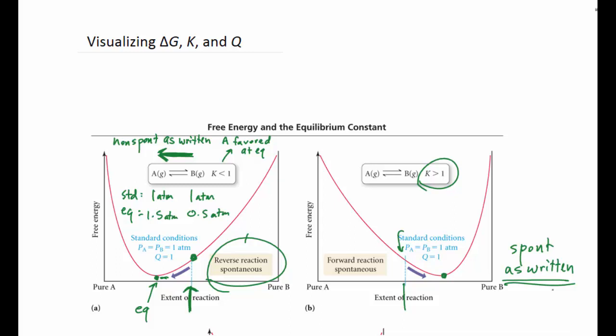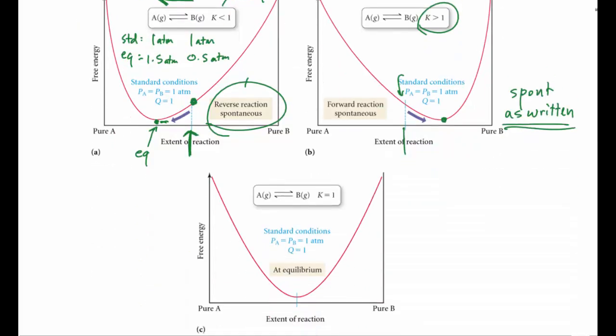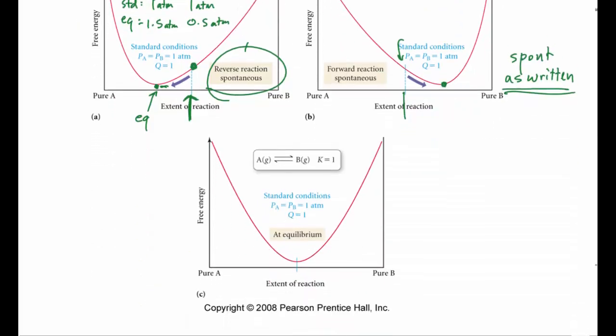So non-spontaneous as written. So as written is important. I mean, the way you write it doesn't change the reaction, but it changes the signs that we assign to that reaction. In other words, let's look at this example right here. If K equals 1, right?